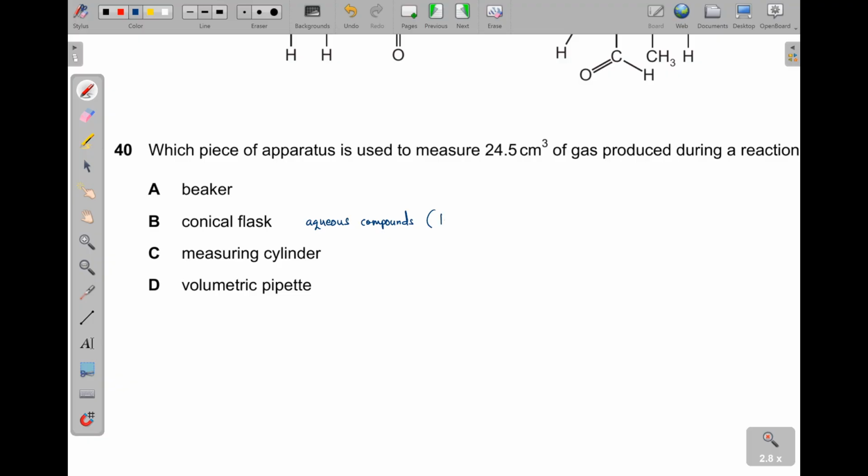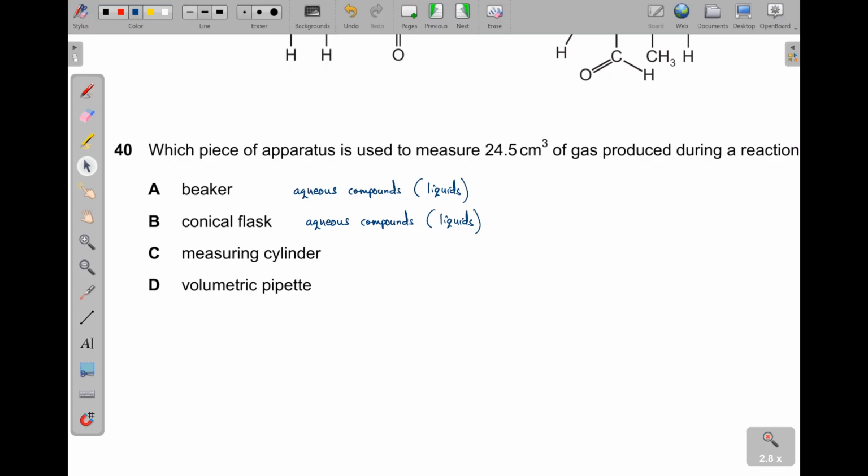In other words, we look at liquids. The beaker, the same thing. We cannot use a beaker to measure the gas.